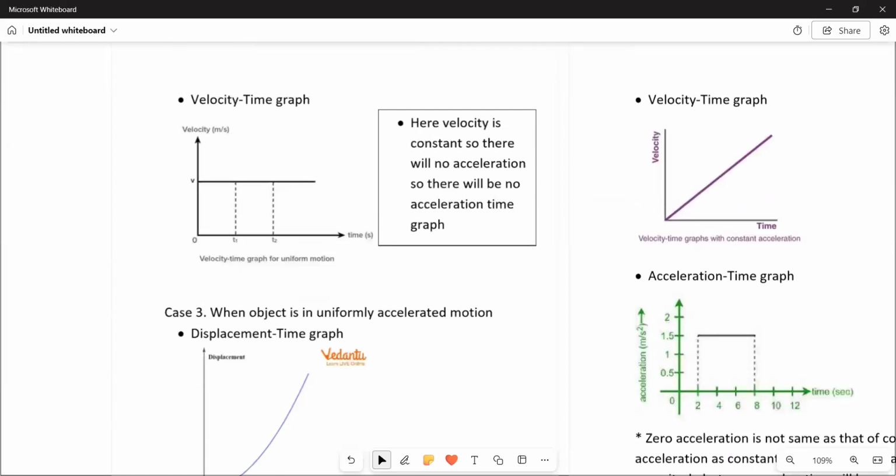Okay, so for uniform motion, now we'll discuss the velocity time graph. What will be the velocity time graph?